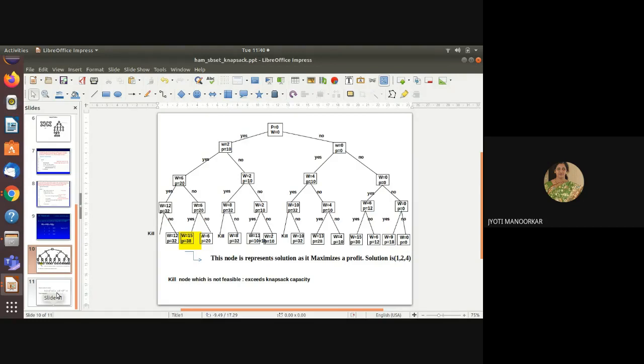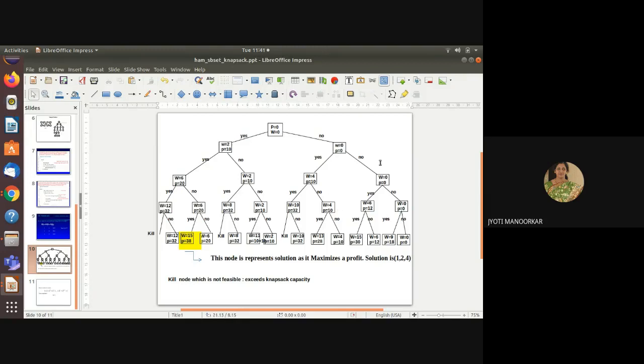In the next lecture we will see how to put a bound on a particular node, so that at that instance you can check whether exploring this node will give you the maximum valued solution or not, instead of creating all these nodes. This becomes quite complex.